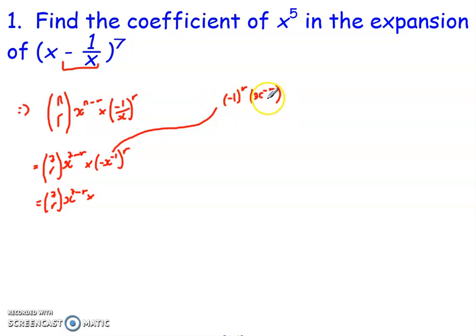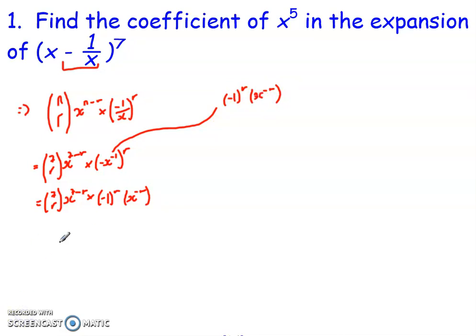So I'm going to expand it in this fashion such that I get negative 1 to the power of r times x to the negative r. The reason being is every odd number of r, I'm going to have a negative term. Every even number of r, I'm going to get a positive term. So we need to take that into account. Our negative 1 has to vary with r. You can't just include it with the x because it won't then change with every single term.